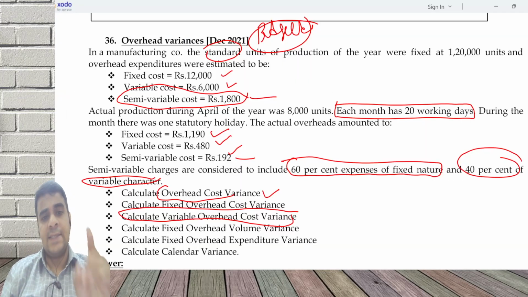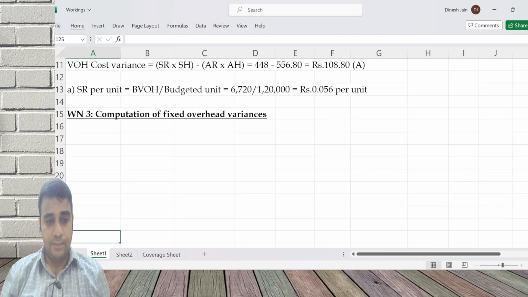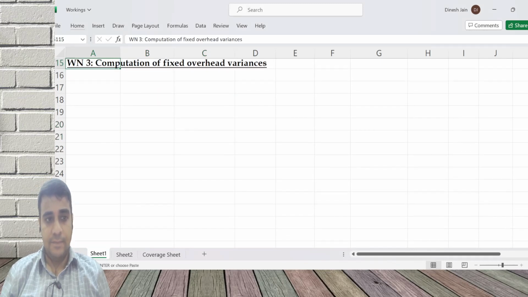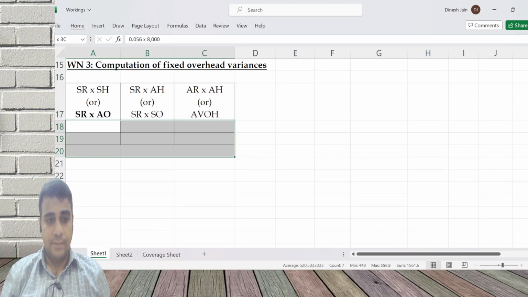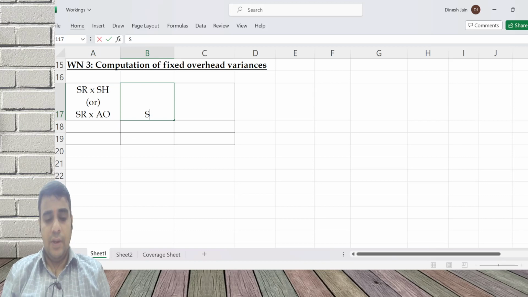Now this question has actual days as well as budgeted days. Budgeted is 20 days. Actual is 1 day lesser, which is 19. 20 vis-a-vis 19. SR into SH or SR into AO, SR into AH or SR into SO.